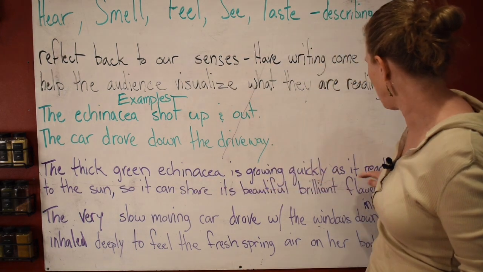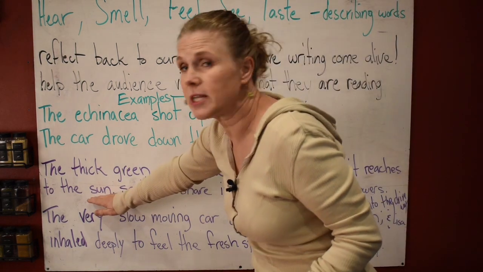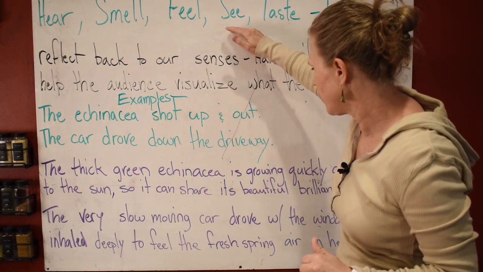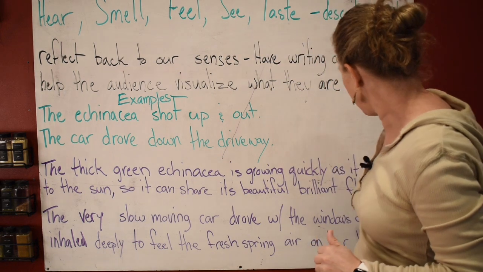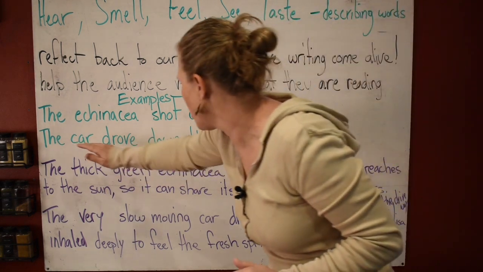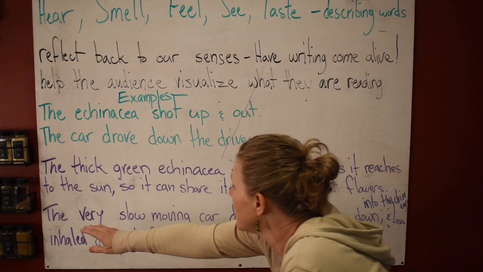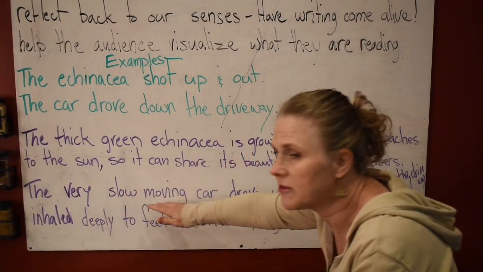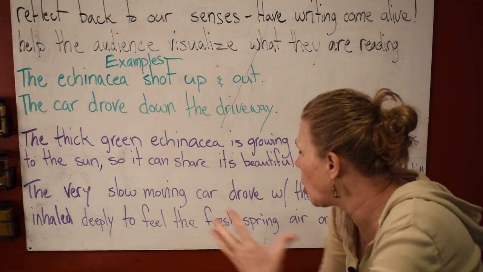Echinacea, it's growing quickly. It's reaching for the sun, right? It's reaching. You can see it. Okay, so it can share its flowers. Now, like right here, we're going to take the car drove down the driveway. The very slow moving car, see how now you can see it's very slowly moving.